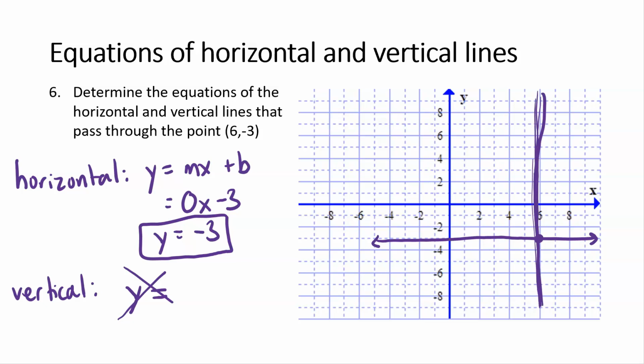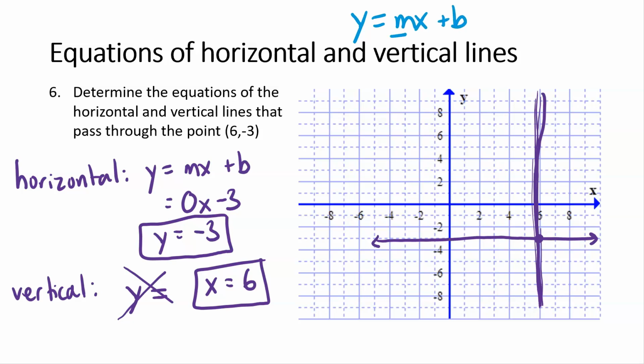The x value is always 6. So you can say for the vertical line, the equation is just x equals 6. So the y equals mx plus b equation, we call that slope-intercept form. And there are going to be other forms of equations of lines that we're going to learn as well.